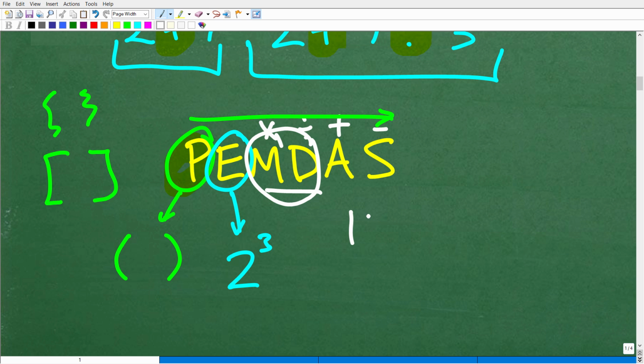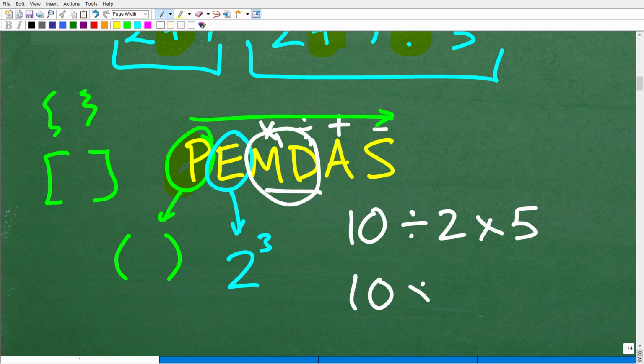So, for example, if you have 10 divided by 2 times 5, this is different than 10 times 2 divided by, let's say, 2. So in this first problem here, and I'm going to have to slow my mental thoughts down here, I don't want to confuse you, but what do we see first from left to right in this problem? We see division first, then multiplication, right?